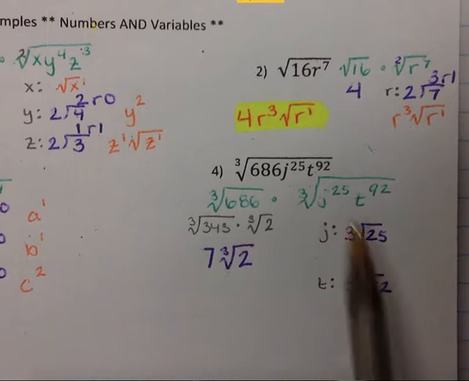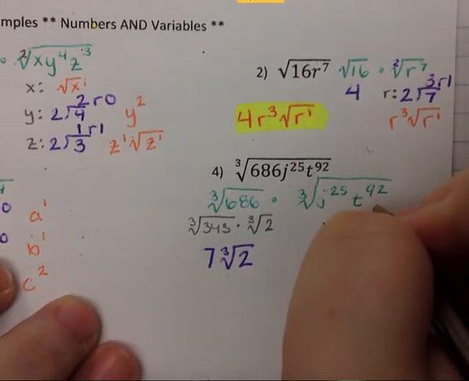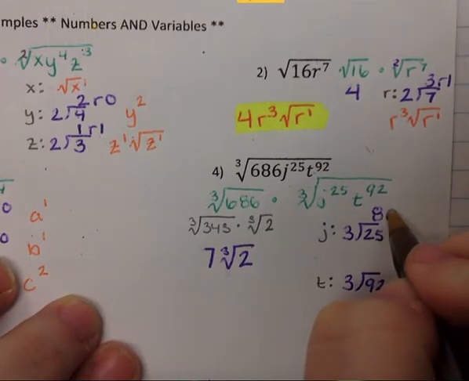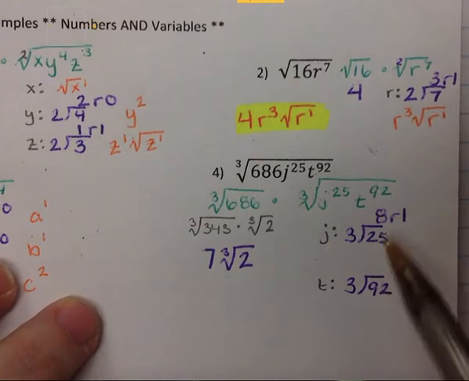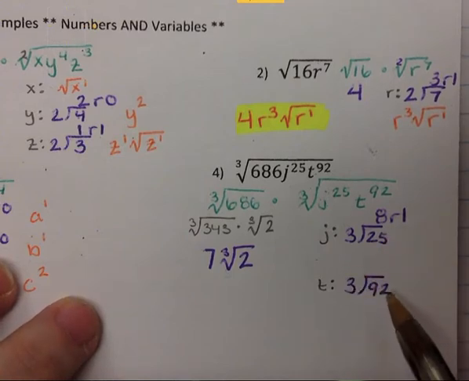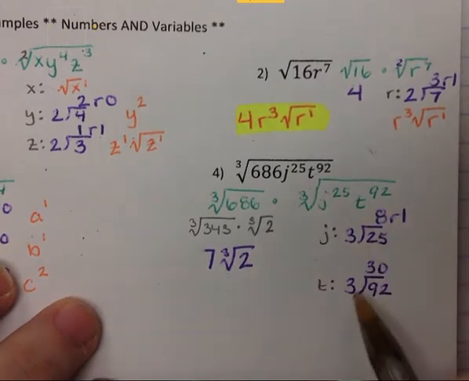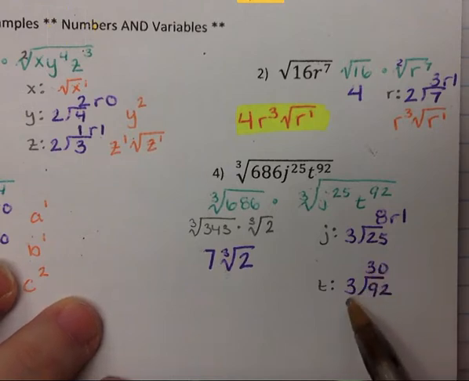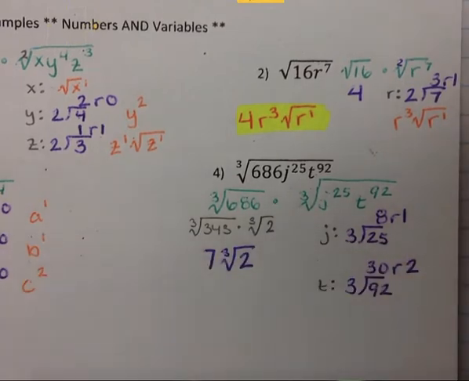So again, we want to know how many times will it go in there perfectly. 3 will go into 25 8 times perfectly, because 8 times 3 is 24. Then we're going to have a remainder of 1. For the T's, 3 goes into 92 30 times, because 3 goes into 9 3 times. 30 times 3 is 90. So that means we have a remainder of 2.